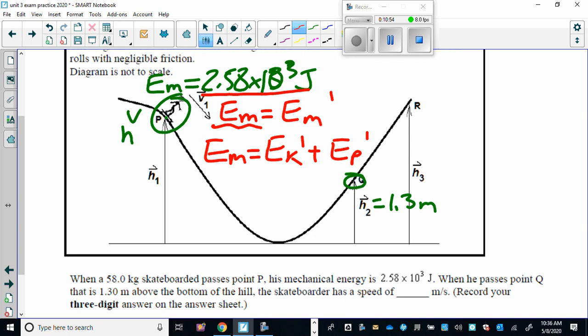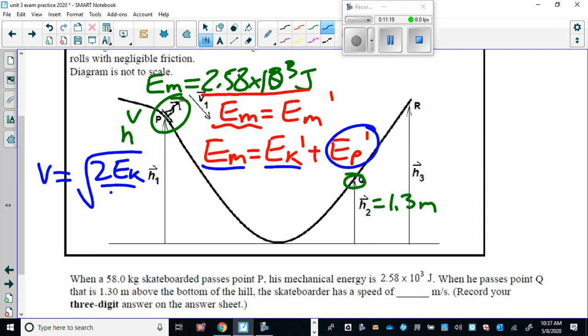And we are asked to solve for the speed. At this point, you can decide to do it a couple of different ways. One way is you can solve for this, and then just subtract it from this to get the EK, and then use this formula here to get the velocity.